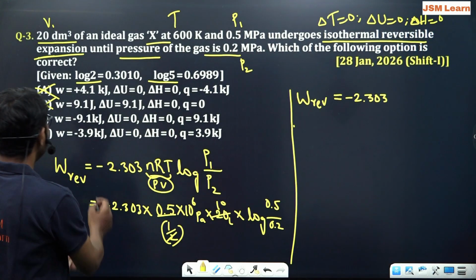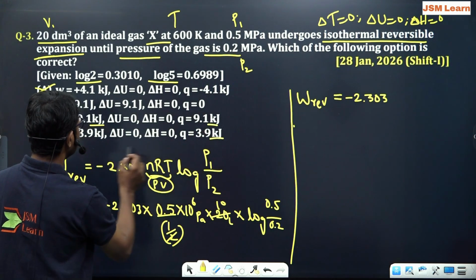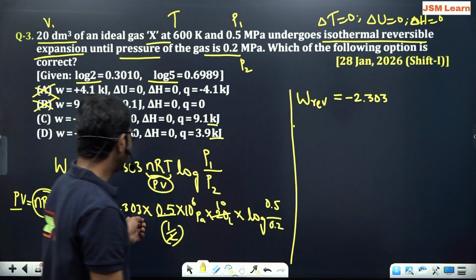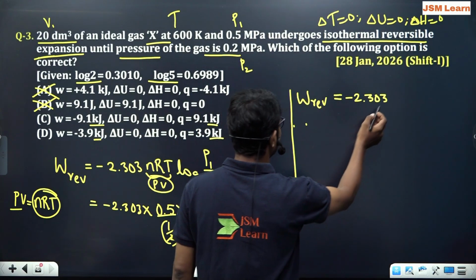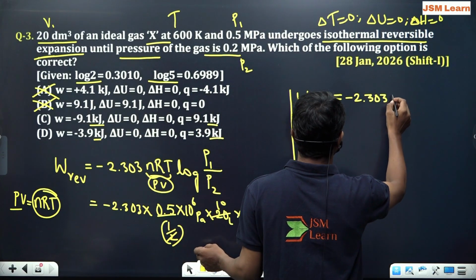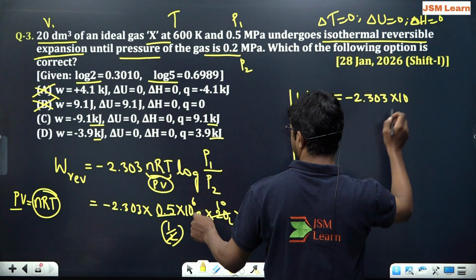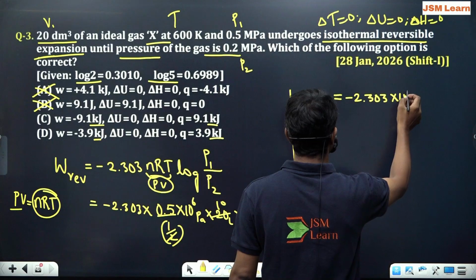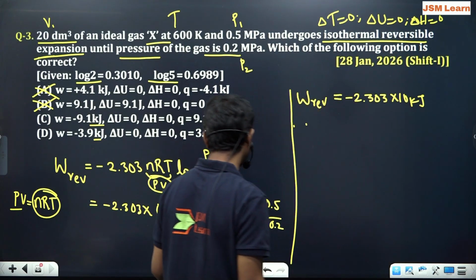Now look at it. Here they have given the options in kilojoules. You can see kilojoules are the options. So if you write this, we get 10 to the power of 6 kilopascal, so 10 kilojoules, it can be converted directly.